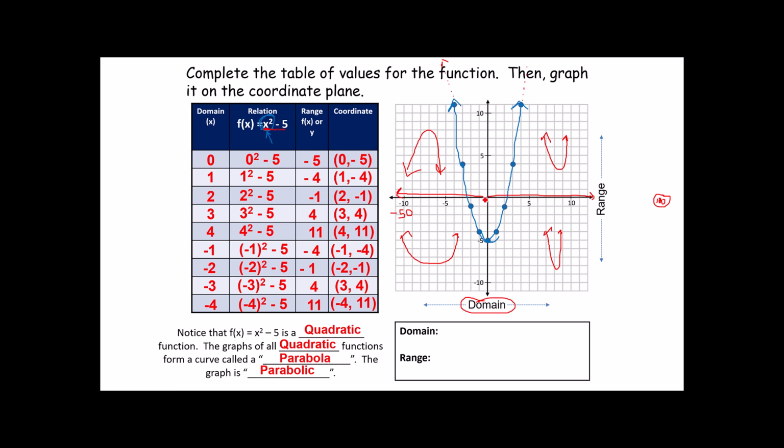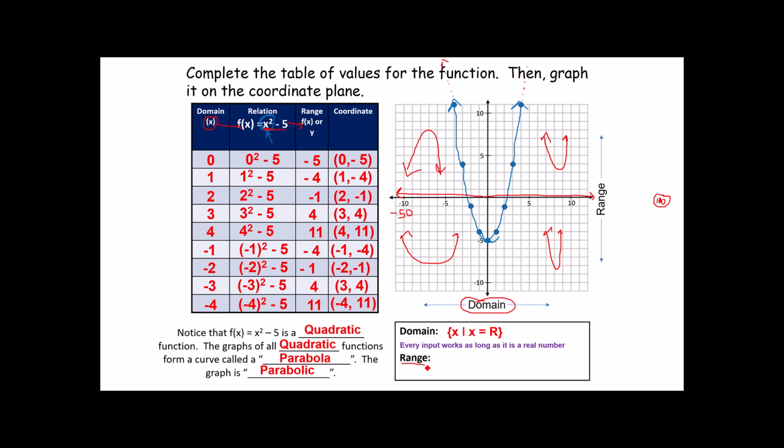No matter where I go right and left, this will give me an answer. And for that reason, we say the domain is all real numbers. Because no matter what number you pick, along this number line in either direction, it will give you a y value. Or no matter what input you stick in, something will come out.